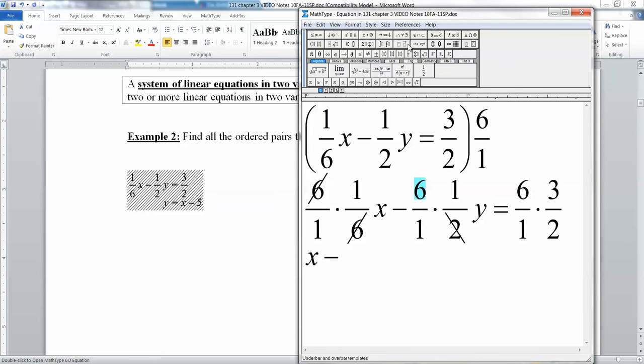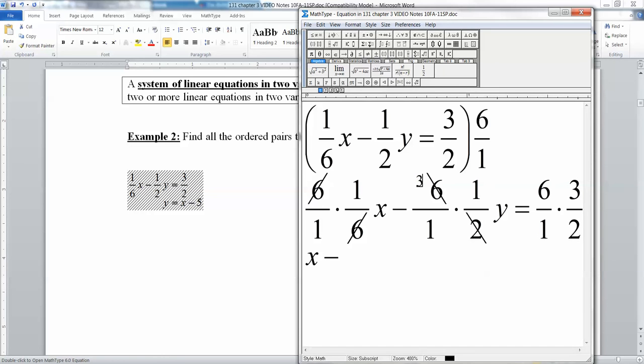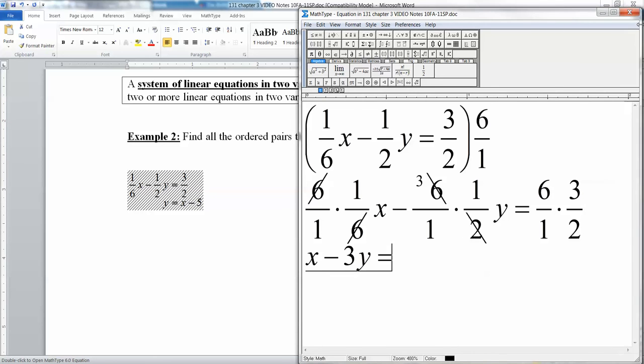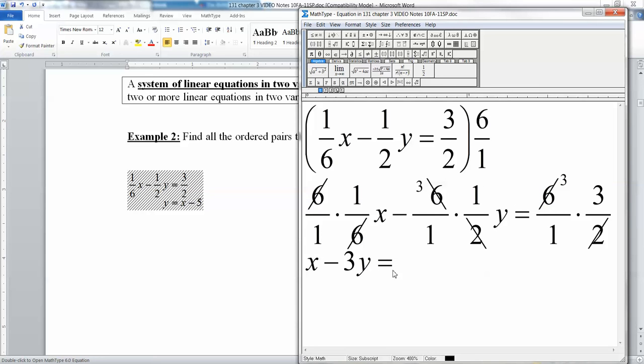So that's going to give you minus 3y equals, then over on the right, 2 goes into 6 again 3 times. And that gives you 9. Because 3 times 3 makes 9.